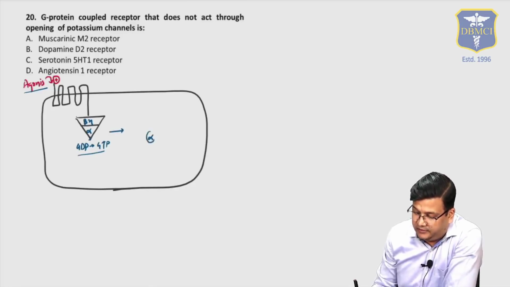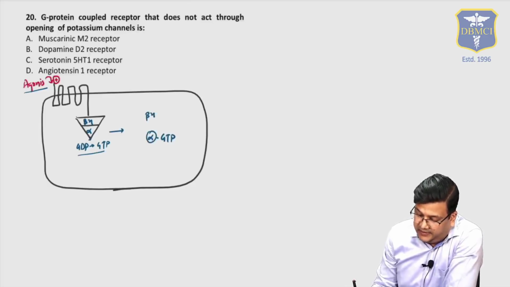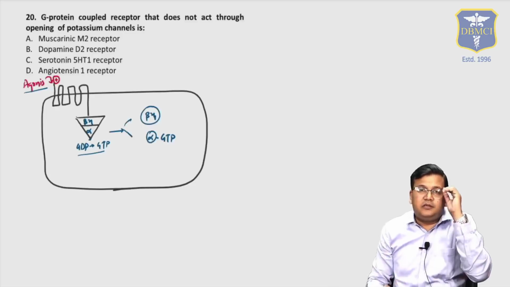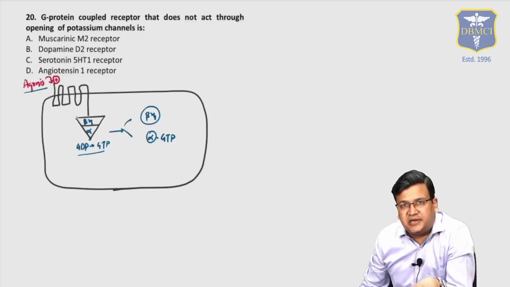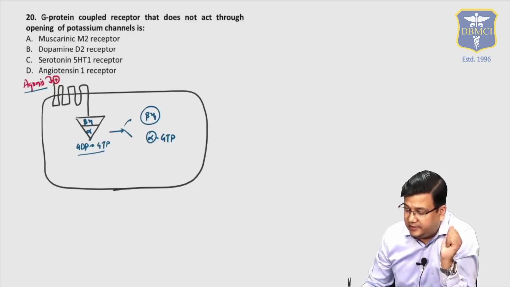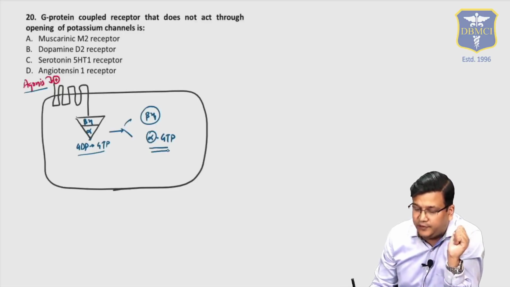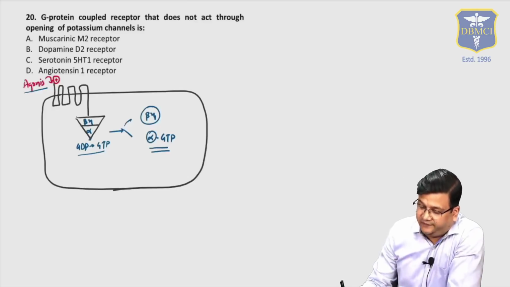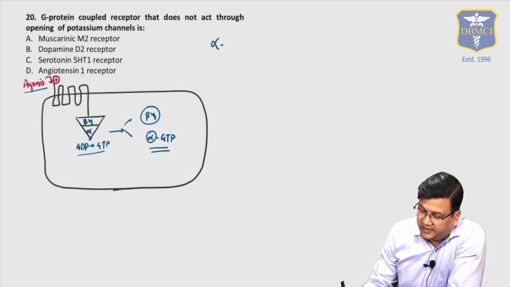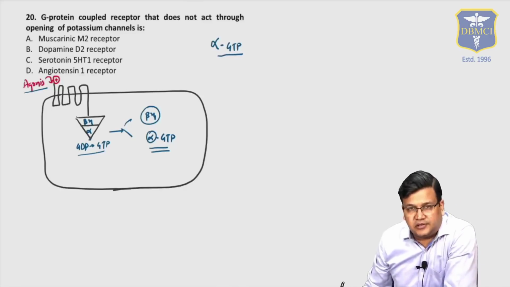The alpha unit with its GTP will dissociate and the beta gamma unit will dissociate. They too will dissociate. Normally GPCRs are discussed in relation to this alpha unit, what alpha unit can do, and that is normally what is asked. So this alpha unit attached to its GTP can do 3 things.